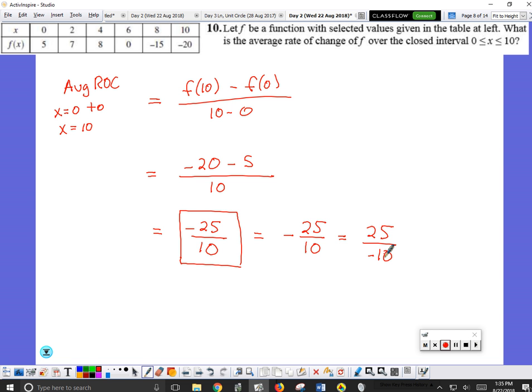Whenever you have a fraction, if the numerator or denominator is a negative, now if they're both negative, it becomes a positive. But if either one is negative, you can write the negative with the numerator. You can write the negative just out front of the fraction as a whole. You can even put it on the bottom. It doesn't matter. They're fine with either of them. It's a good question.